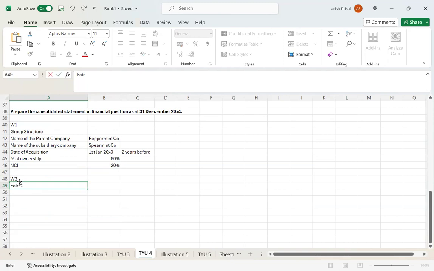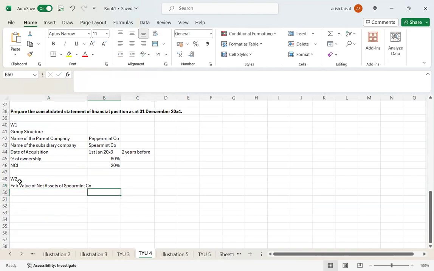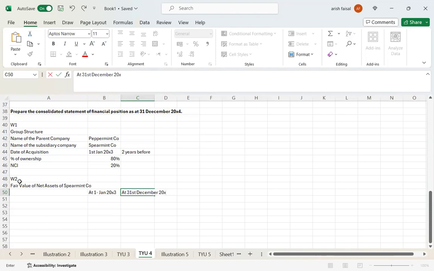out the fair value of net assets of Spearmint Company at the date of acquisition, which is 1st of January 2003, as well as at the reporting date, which is 31st of December 2004.